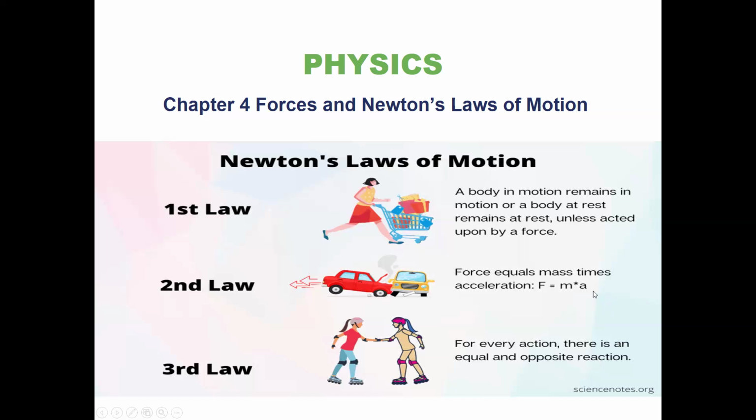In a problem, we can have the force and the mass, and they ask us for the acceleration, or they give us the velocity, the time and the mass, asking us for the force. We divide velocity by time and multiply that by the mass to give us the force.